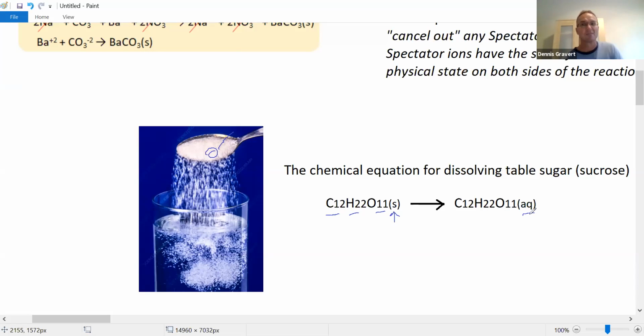So a trick question would say, hey, write the net ionic equation to this. And you'll say, okay, where are my ions? Oh yeah, wait, if it's solid, leave it as a solid. But here's an AQ, so let's separate this into ions. But wait a minute, C, H, O, carbon, hydrogen, oxygen, they are all nonmetals. And nonmetals stick to nonmetals by covalent bonding.